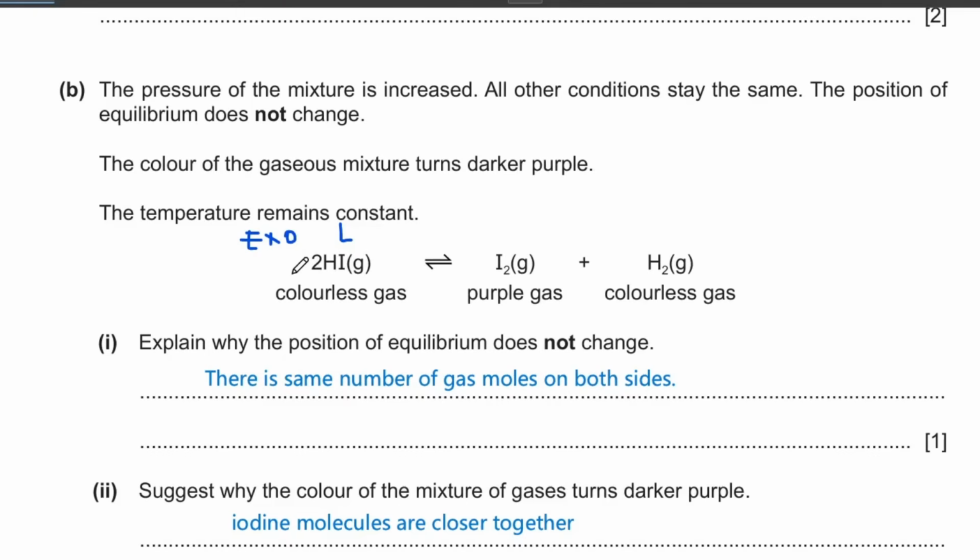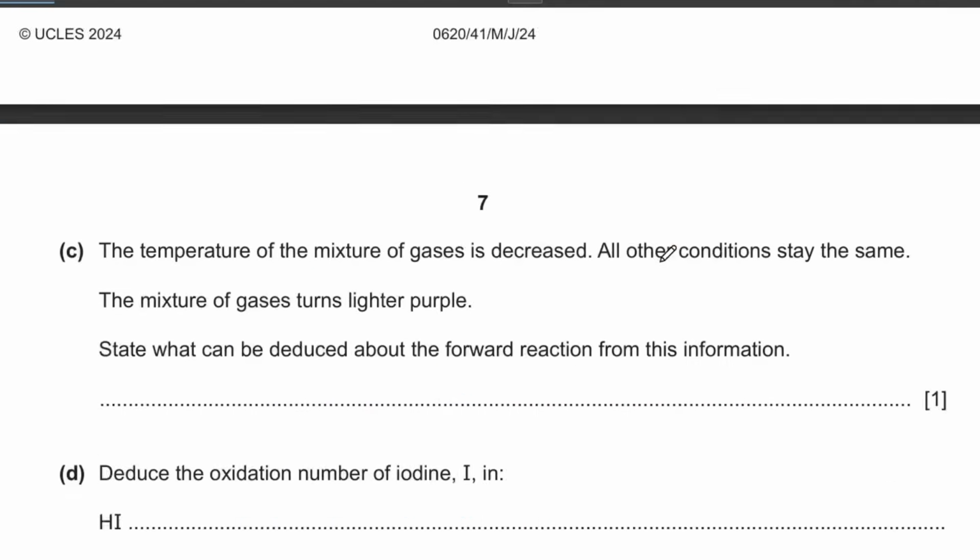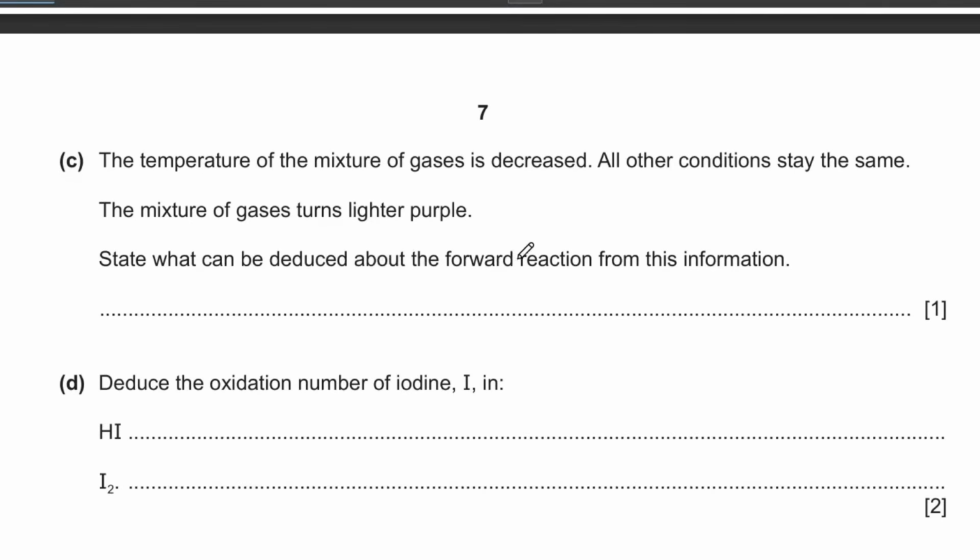Because, like I said, when the temperature is decreased, it moves to the exothermic side to oppose that change in temperature. Now, if the backward reaction is exothermic, it means that our forward reaction is what? Endothermic. So therefore, we are asked to state what can be deduced about the forward reaction from this information. The forward reaction is endothermic, and this is because the backward reaction is exothermic.